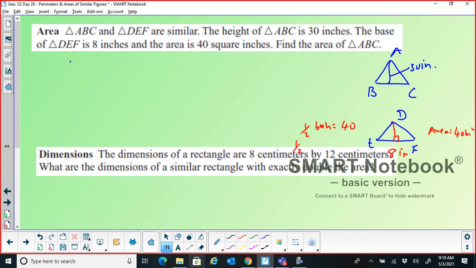Half of 8 times height equals 40. Simplifying, 2 times 4 is 8, so you'll have 4h equals 40 and h equals 10. So this particular height is 10 inches.